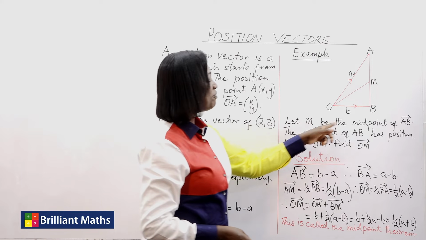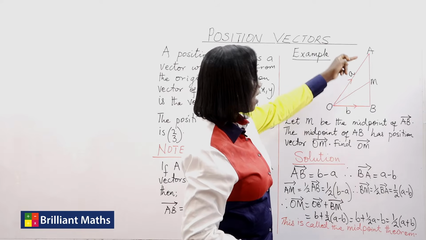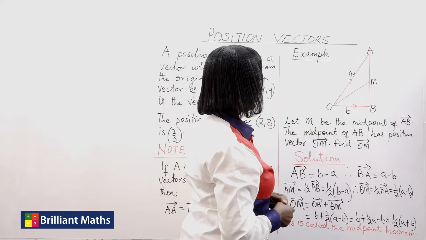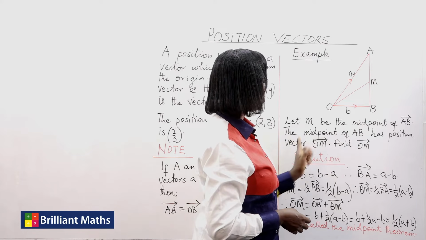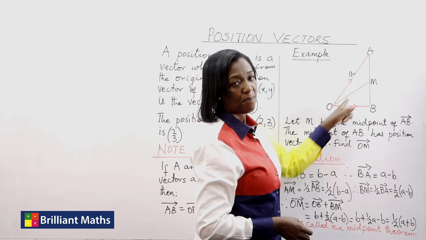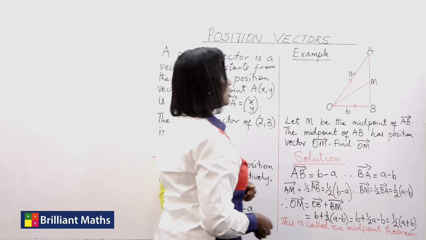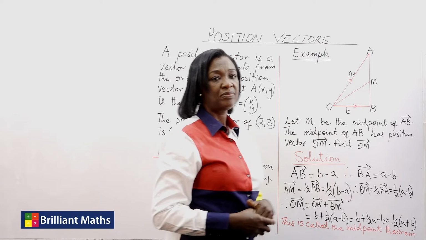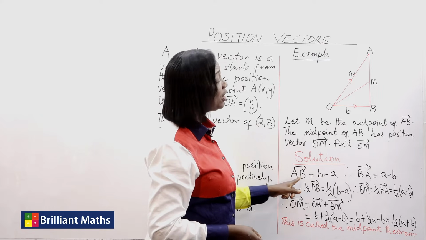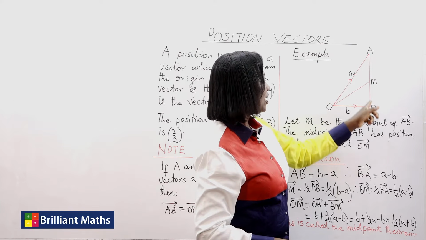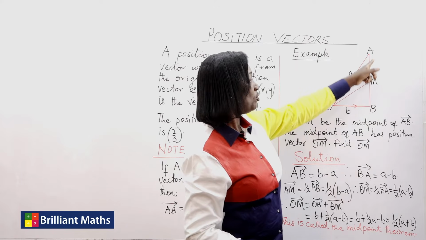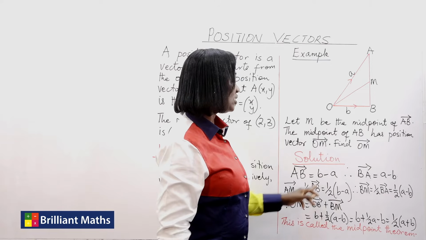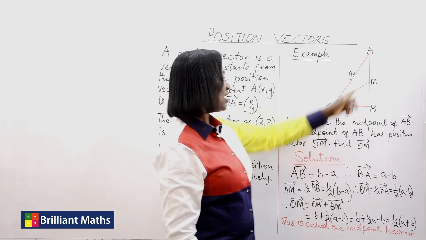Then, let M be the midpoint of AB. So we have the vector AB, and M is right in the middle. The midpoint of AB has position vector OM. Find that position vector. How do we find the position vector of the midpoint? We have established that AB is, we're coming from A to B through O. So that is minus A plus B, which is the same as B minus A. In that direction, AB.